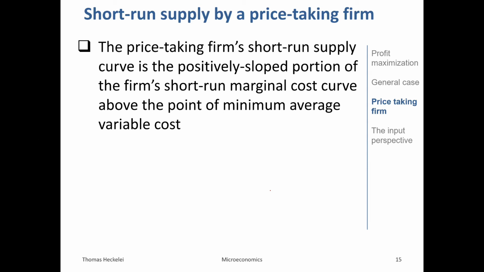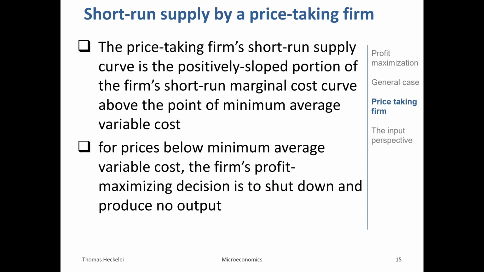And it's not the entire short-run marginal cost curve, but only the part above the minimum average variable cost. Why? I'll show you in a minute, but let's first finish this.